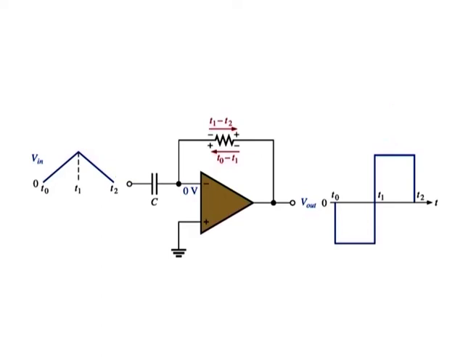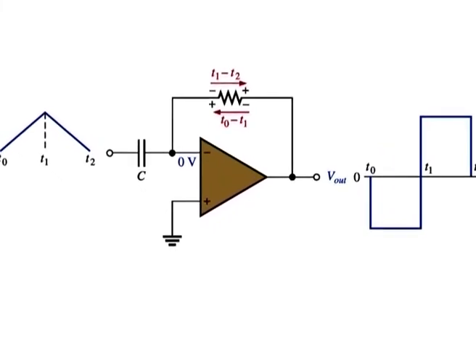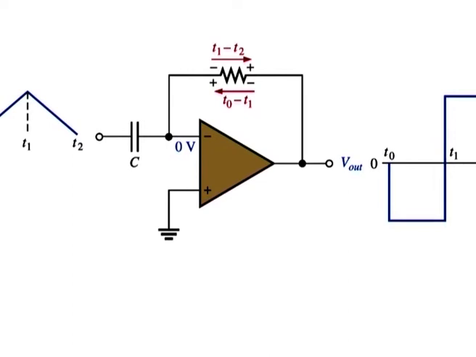During the positive slope of the input, the capacitor is charging from the input source and the constant current through the feedback resistor is in the direction shown. During the negative slope of the input, the current is in the opposite direction because the capacitor is discharging. Notice in the equation V out is equal to minus Vc over T into Rf into C that the term Vc over T is the slope of the input.